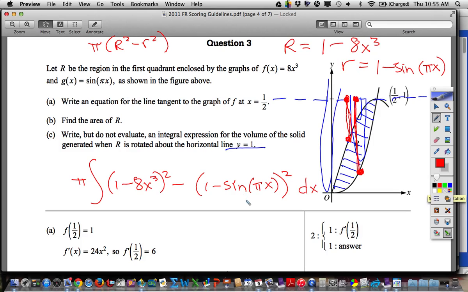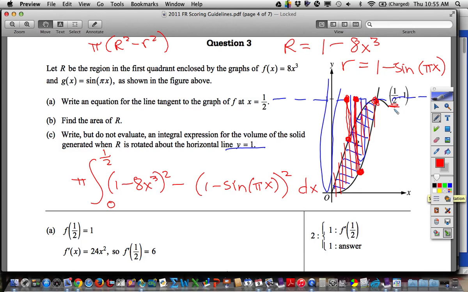And then that goes from where to where? 0 to 1/2. The strips fill the space from 0 to the x coordinate there, 1/2.